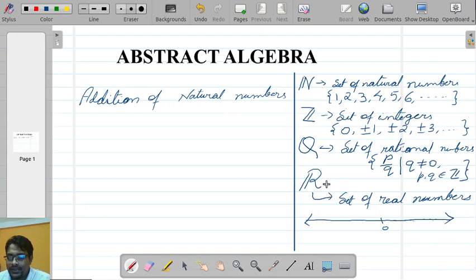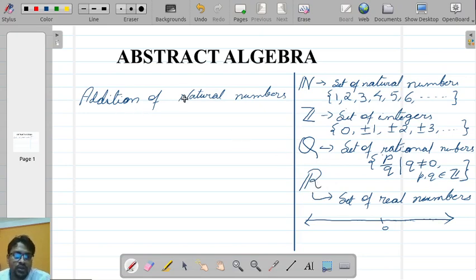Whatever number exists in the world, these are all real numbers. More precisely, the real numbers contain the set of rational numbers, and anything which cannot be expressed in the form p by q is an irrational number. Irrational numbers are also real numbers. So the whole number system consists of rational numbers and irrational numbers.